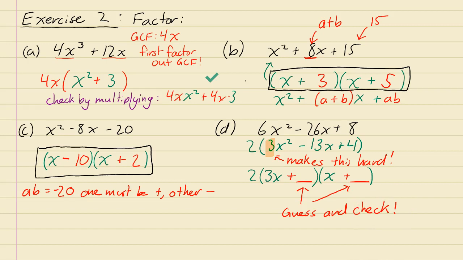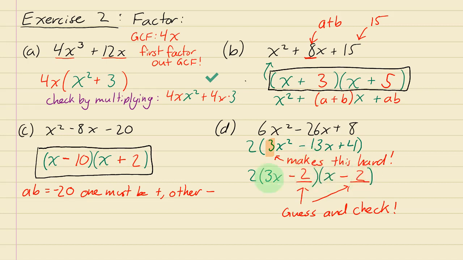So for example, you might say 2 and 2. And if you FOIL that out, you're going to get 2x plus 2 times 3x is 6x. So that will give you 2x plus 6x, which is not -13x. And then when you see it's -13, they're both going to have to be negative. So maybe try -2 and -2.